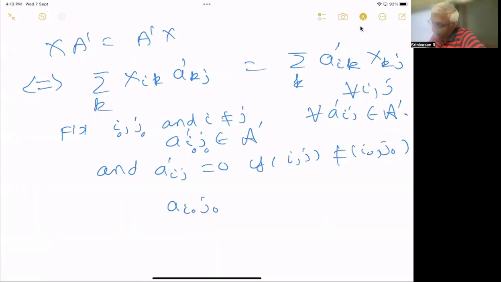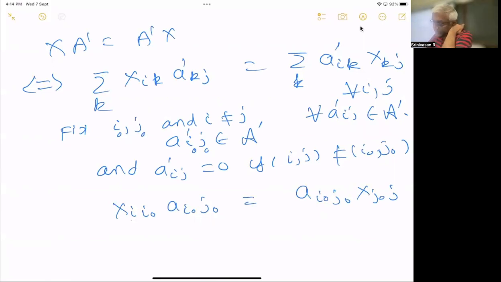So k should be i_0, so x_{i_0 i_0}, and that should be equal to a_{i_0 j_0} times x_{j_0 j}, with k being j_0. We know that i_0 is not equal to j_0, so x_{i_0 i_0} is not equal to x_{j_0 j}.